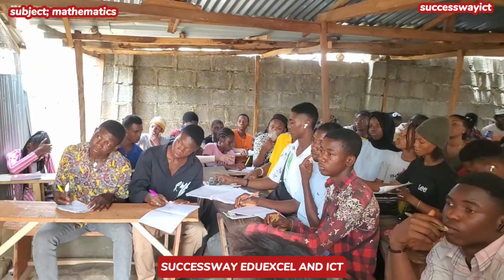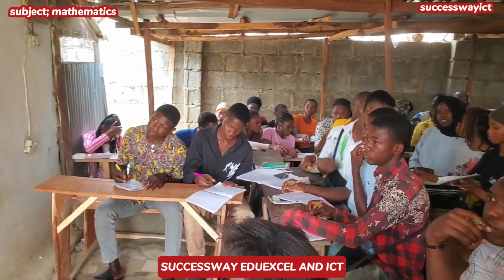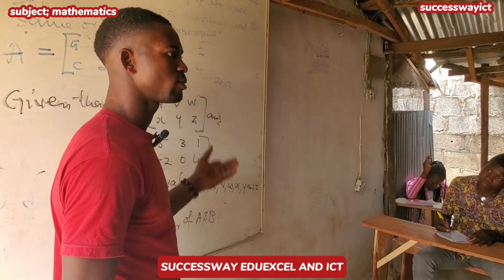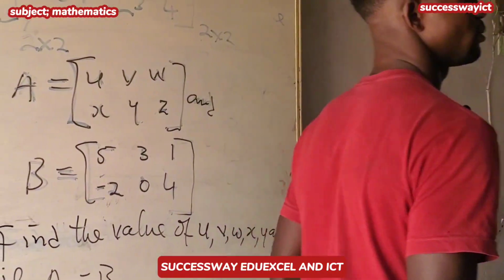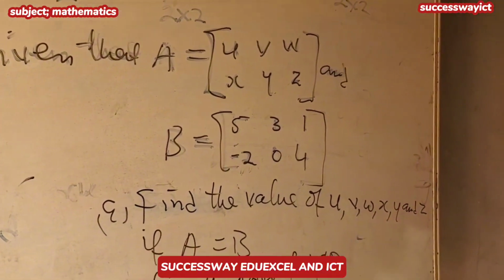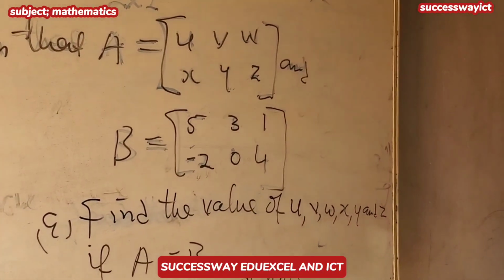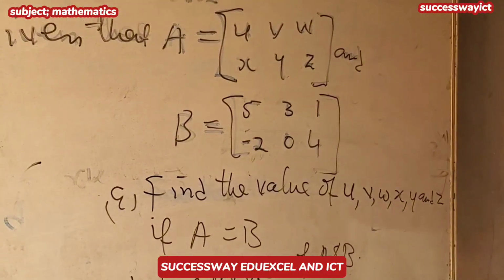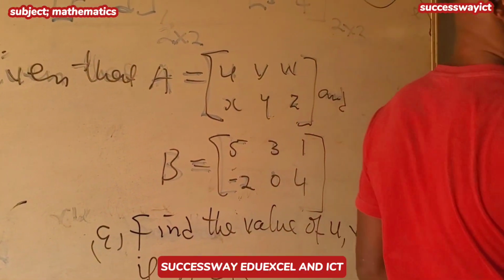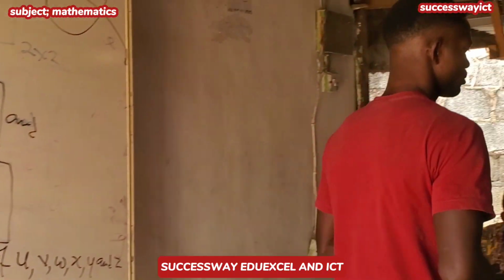First column. So what's the position of 5 here? So U is equal to what? It's correct now. Please, if he's wrong, mark him wrong.